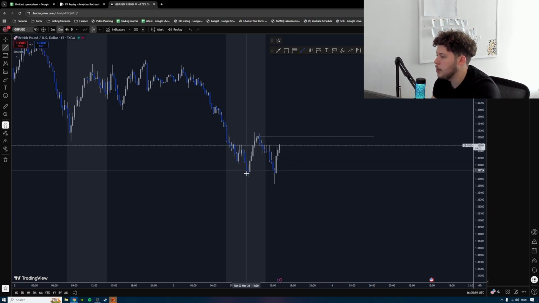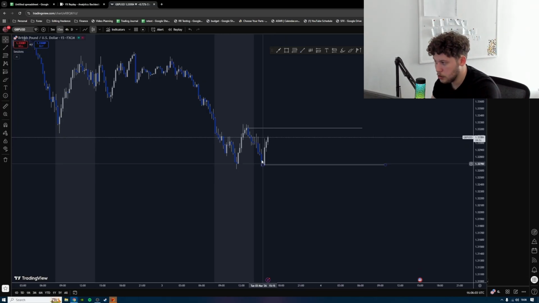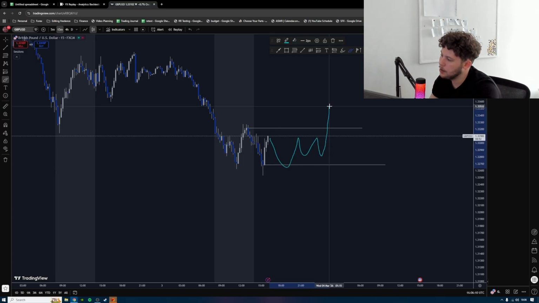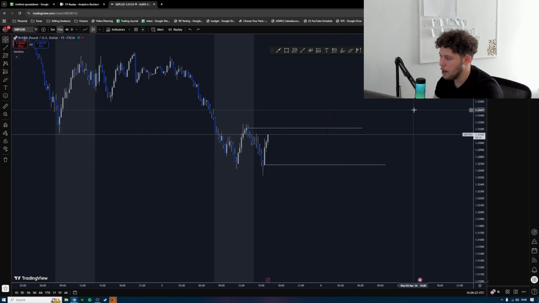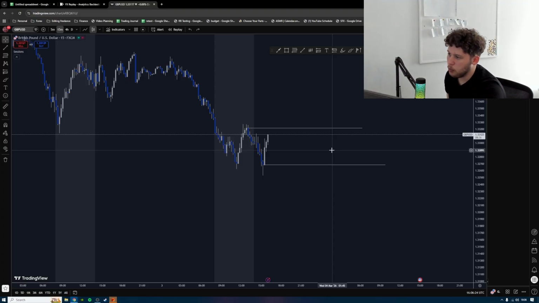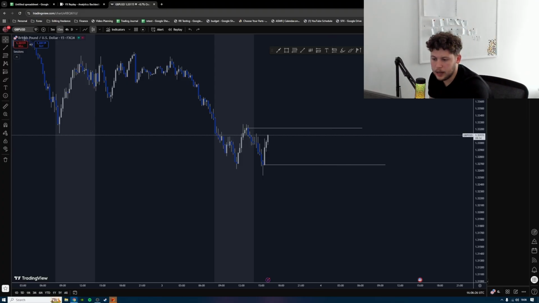You might have some consolidation now between these two most recent highs and lows overnight in Asia, and then you get either a break to the upside of the most recent Asia high or low, or you get a break to the downside, and then you can look to take it short or long. And that's literally how I get bias and decide what way I want to trade in the morning.